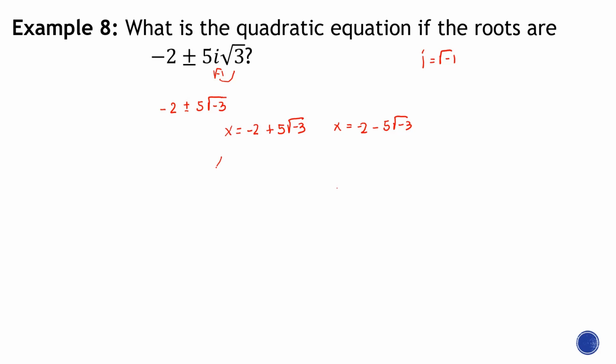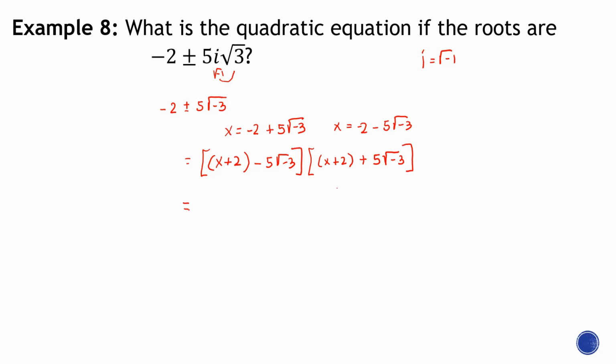The first is x plus 2, the opposite of negative 2, and then negative 5 square root of negative 3. This is our first binomial. The second will be x plus 2 again, but this time plus 5 square root of negative 3.